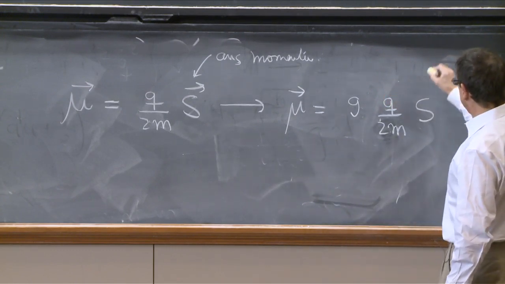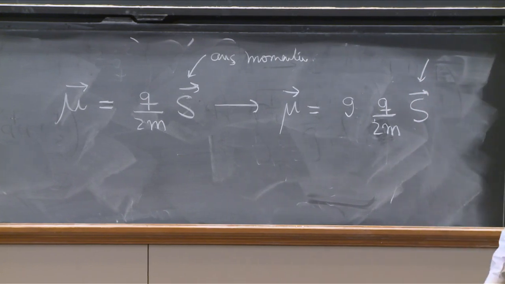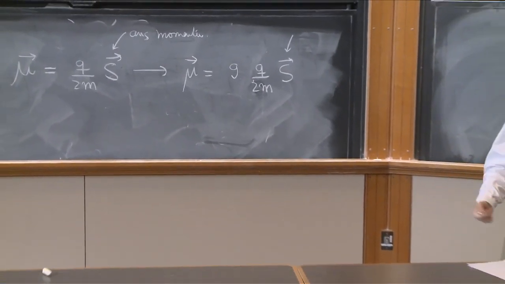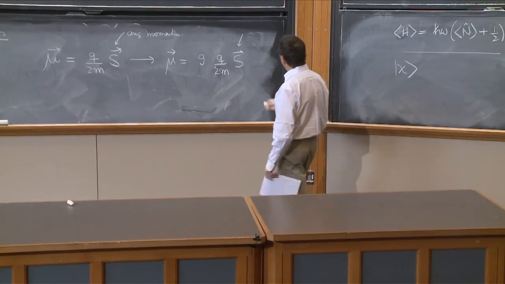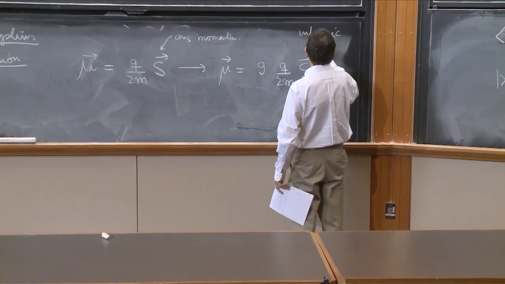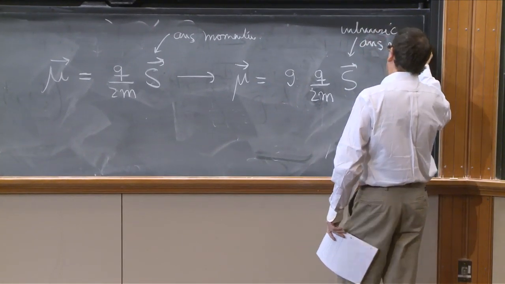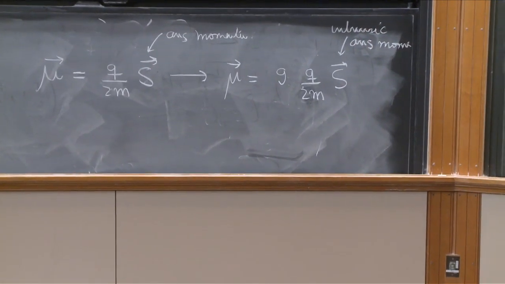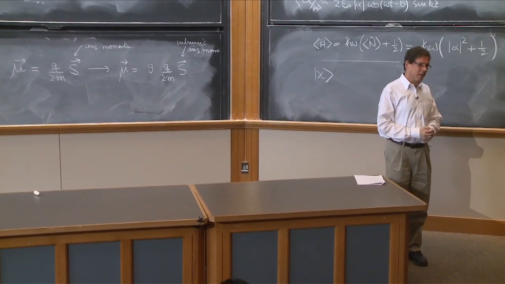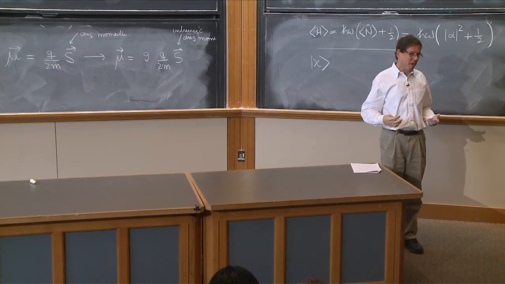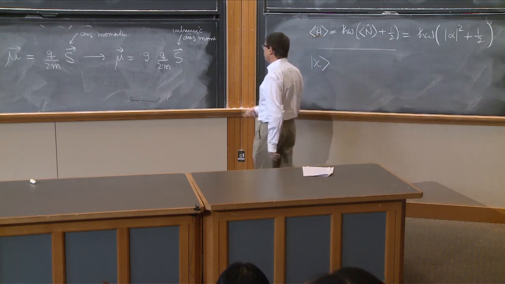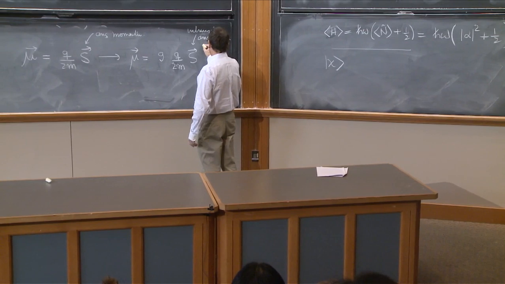And this S is not just a plain classical angular momentum of a rotating ball with some mass and some radius, but it's a spin angular momentum, an intrinsic angular momentum. A rather abstract thing that, in fact, should be best viewed as an operator. And that's the way we've thought about it. The magnetic dipole moment now becomes an operator, because it's proportional to the spin operator.